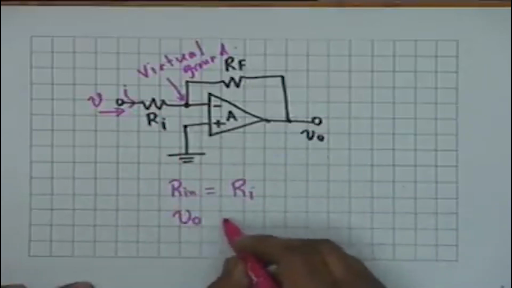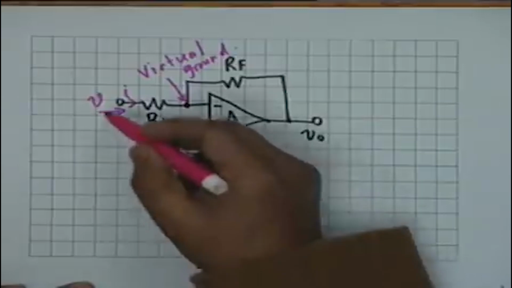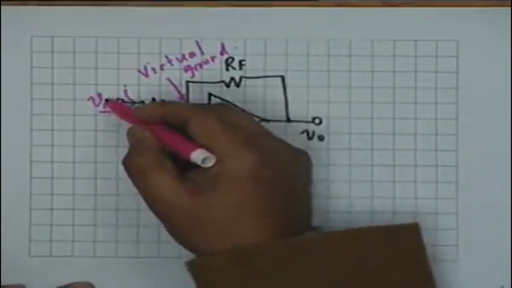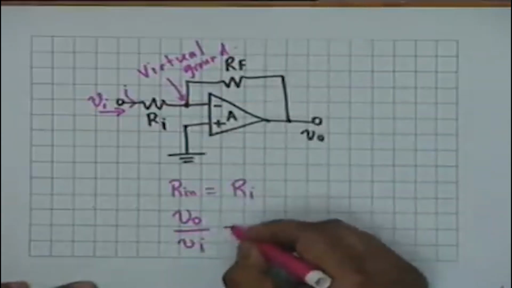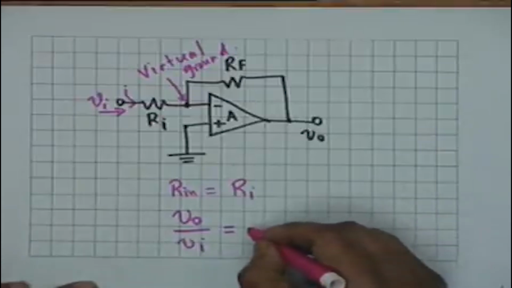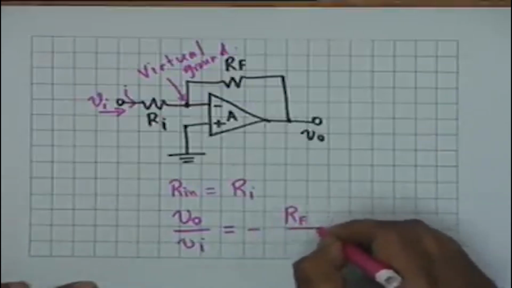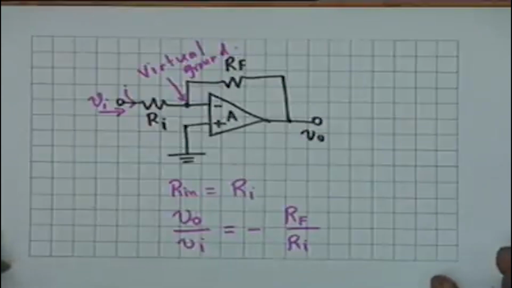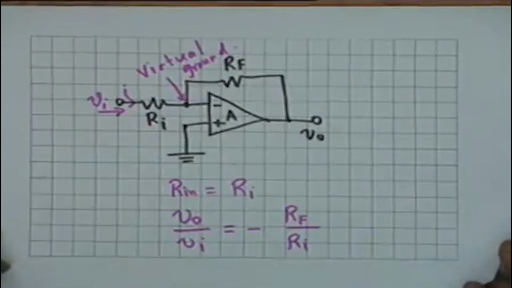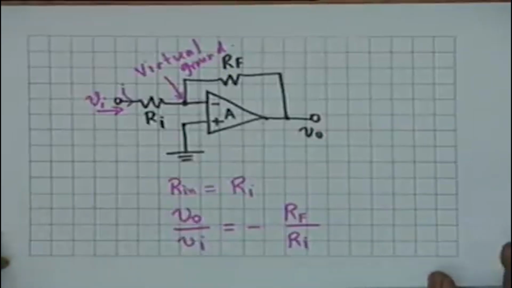And V0 by Vi, let us call this Vi, which is the gain of this configuration, we showed is equal to minus Rf divided by Ri. It is simply determined by two resistances. This gain is obviously an inverting gain because the polarity is negative.